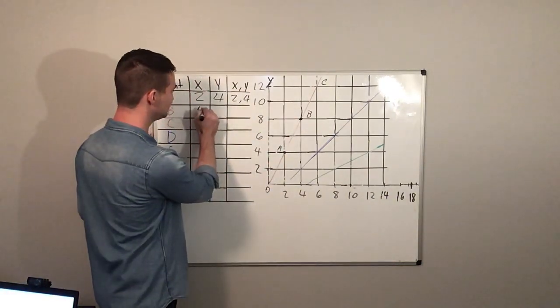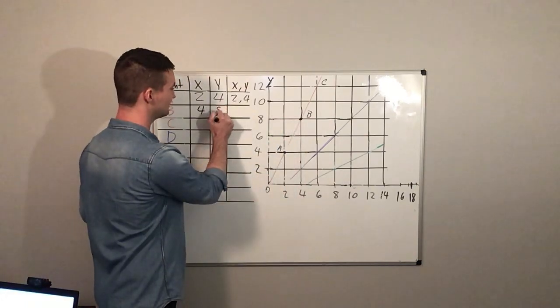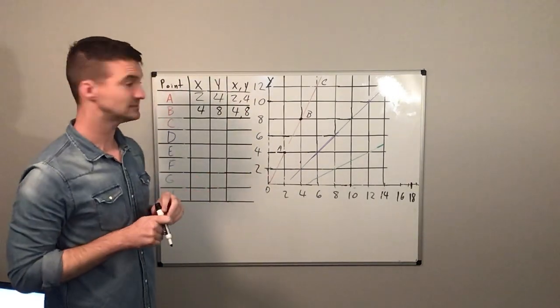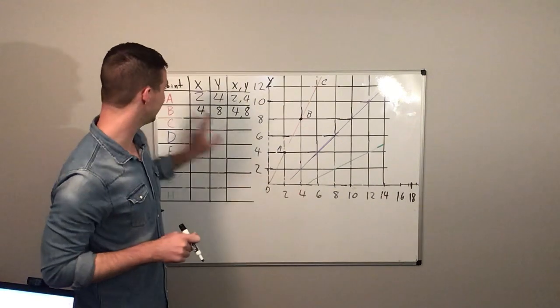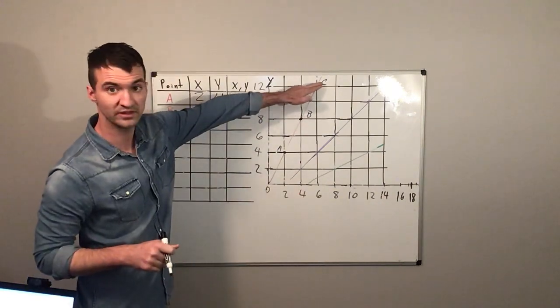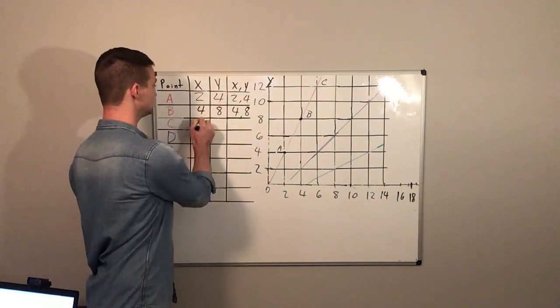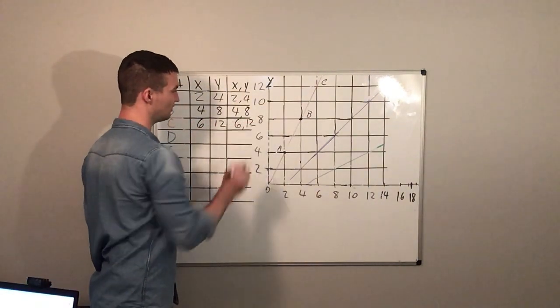So our X is 4, our Y is 8, and our pair would be (4, 8). So let's go to the next one. We have 6 is our X for C. Okay, we're looking at C right here. 6 is our X, and then 12 is our Y. So it is (6, 12).